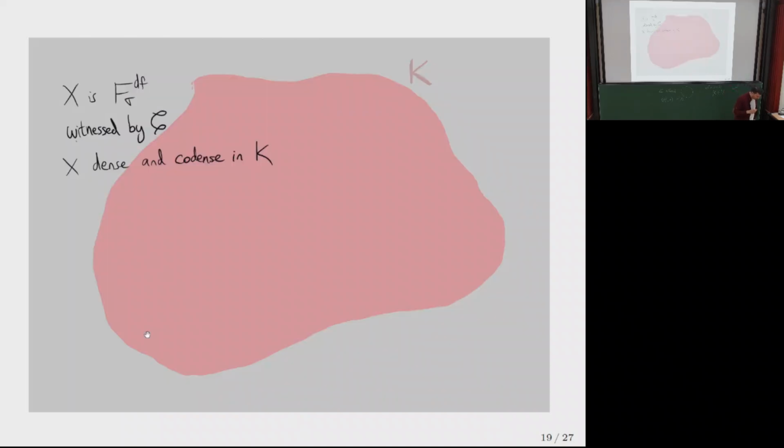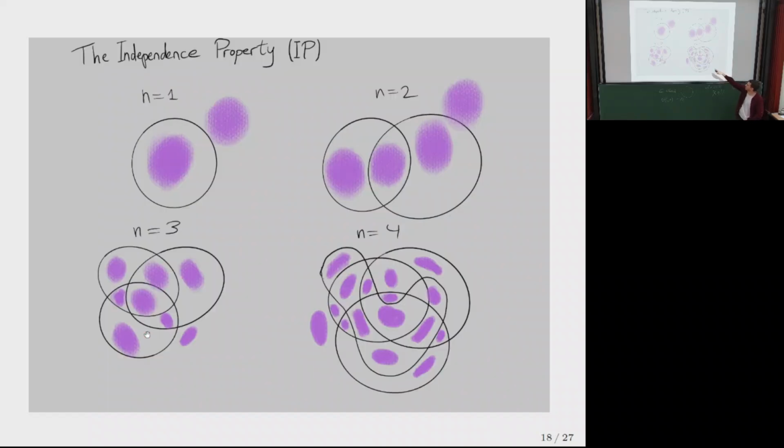Okay, so how do we do this? First, again, we are in this omega-1 elementary extension. We have our X, it's dense and co-dense in K. Sorry, what's the statement you're proving again? We want to construct this kind of object. We want to prove the independence property. So we started with X is F sigma and not constructible, and we want to show the negation of NIP.